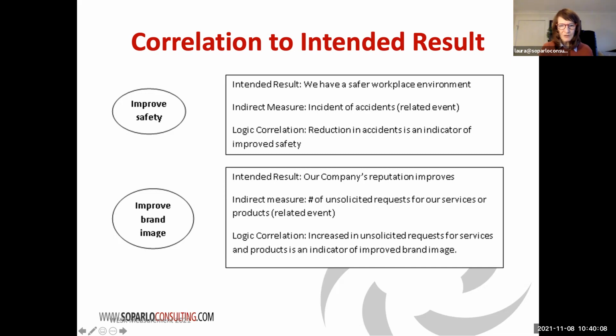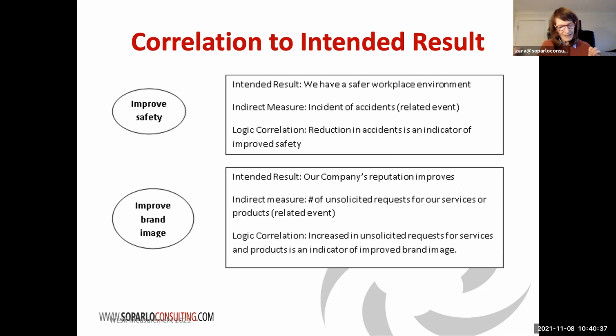Or we want to improve our brand image. So our company image improves is our intended result. The indirect measure might be the number of unsolicited requests for our services. And there's the logic. So we're going to make a hypothesis. When we get more requests for our business or services, we're going to hypothesize the correlation that our company reputation has improved.